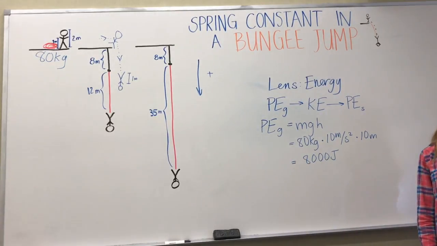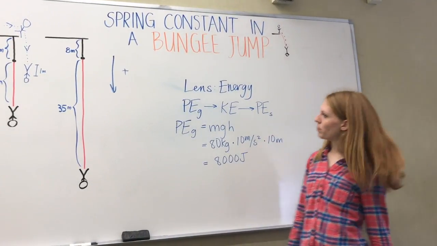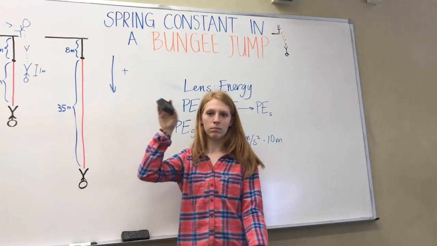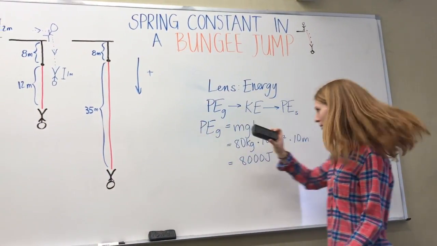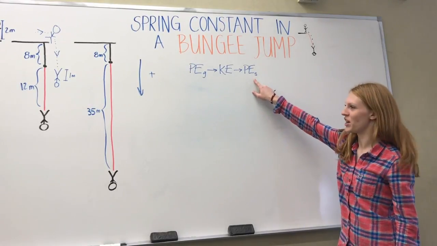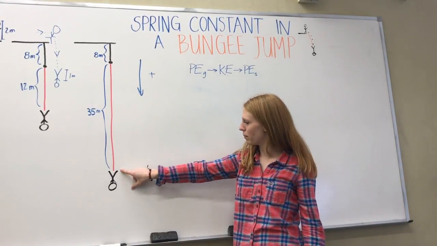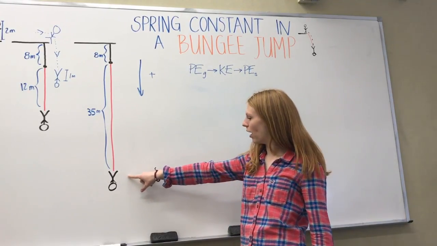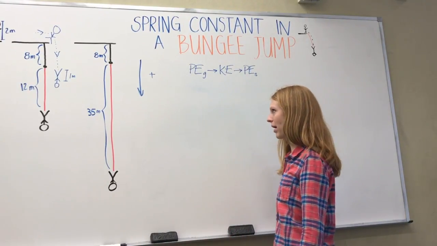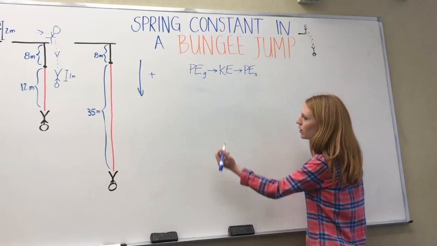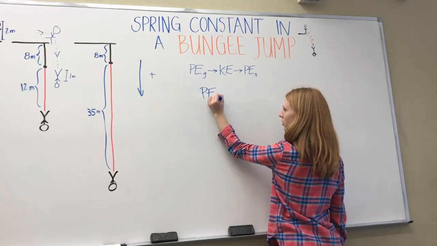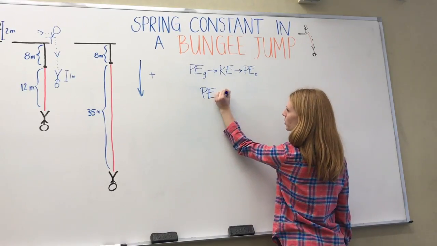So now we're going to find the energy when the bungee jumper is at this point, when the bungee is just slack, but at the very minimum. So now we're going to solve for the potential energy of the spring once the bungee cord is at its full length, right before it brings the bungee jumper back up. At this point, we're going to use the same equation, but for potential energy of the spring instead of gravitational potential energy.